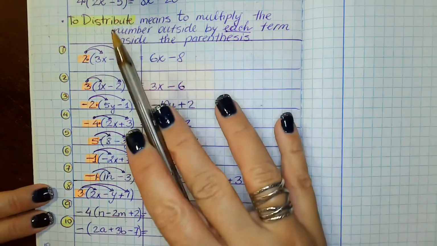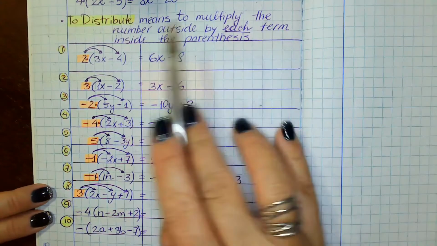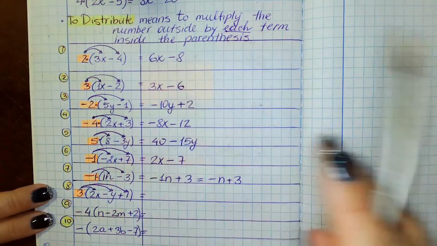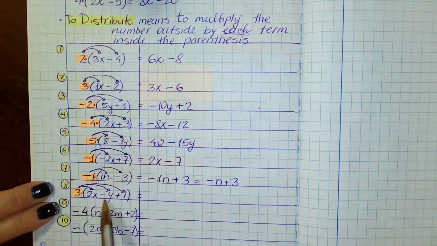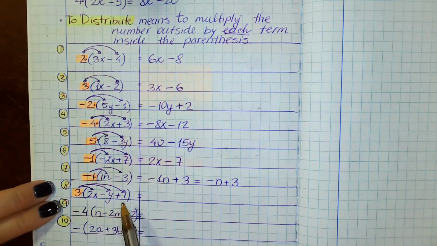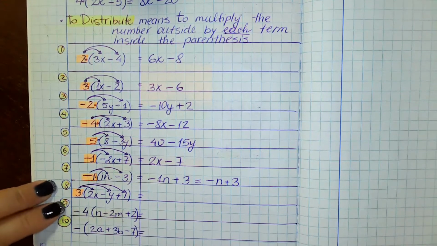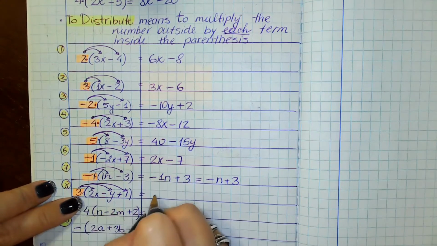Because based on our definition, to distribute means that you have to multiply the number outside by each term inside. So if you have 2 terms, you multiply 2 times. If you have 3 terms, you have to multiply all 3, because you have to do the multiplication by each term separately. So we have 3 times 2x, 6x.